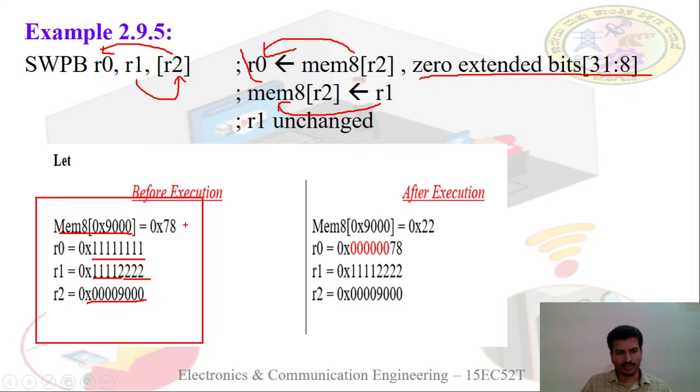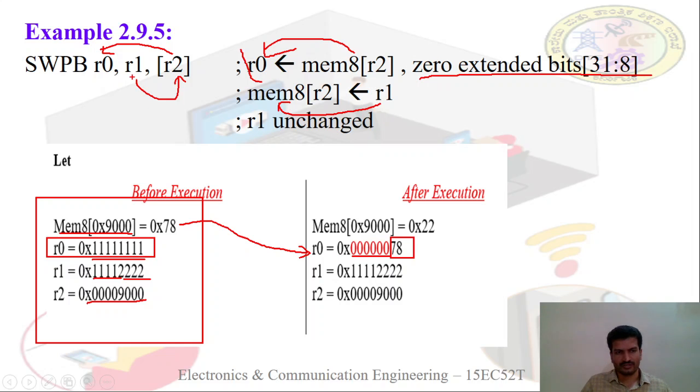From that memory location, 78 will move to R0. Only 1 byte of data will move, so 78, and the remaining digits will be zero appended. Before execution R0 contained 0x11111111. After execution only a byte of data from memory will move, and the remaining 3 bytes will be zero appended.